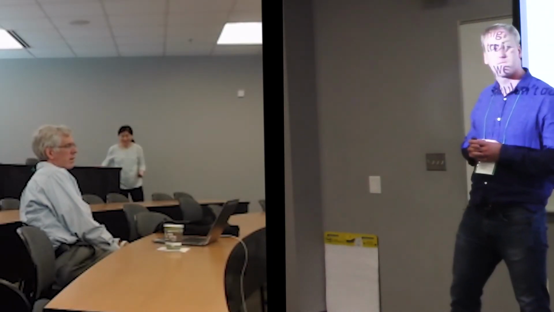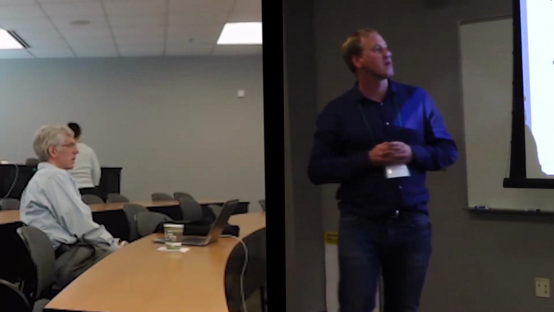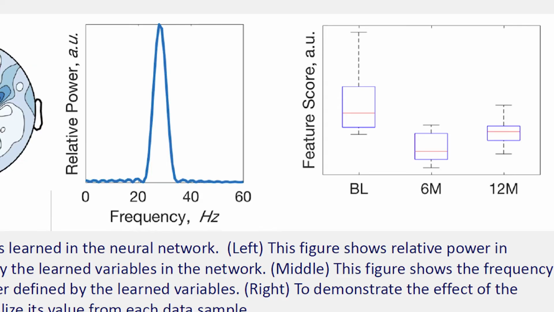Also, in a previous slide, it looked like you were predicting better at 12 months out than at 6 months out. So that was just a feature score. This feature score started at baseline, then 6 months, and then went up to 12 months.